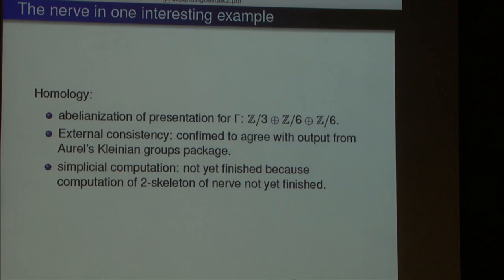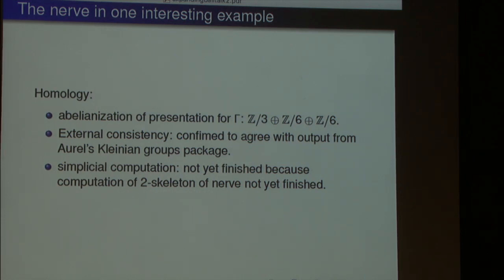So using the partial information that we've computed so far using the Čech complex, it's still possible to say something interesting. We can still compute a presentation of the group Γ. We can compute its abelianization. And I also wanted to say that in case you don't trust our algorithm, there's at least some kind of external consistency.